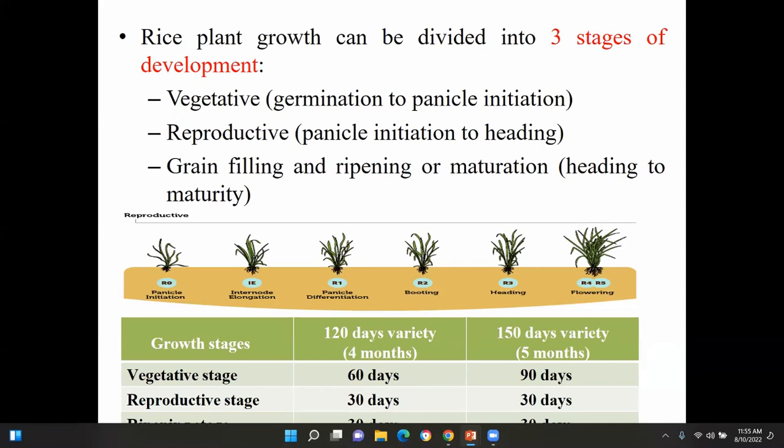Then heading, then flowering finally. Okay, normally this is not included in the 90-day variety.